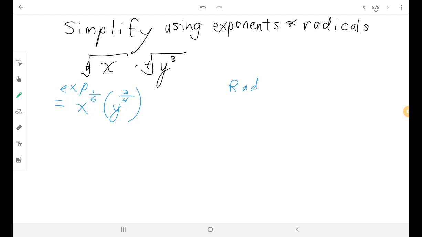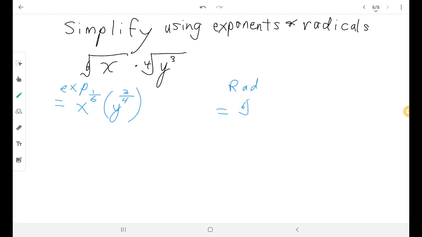What you cannot do, and you have to be really careful about this, is just put it all under one root, because you've got different types of roots, right? So there's not a whole lot you can do with this other than to just keep it as is.